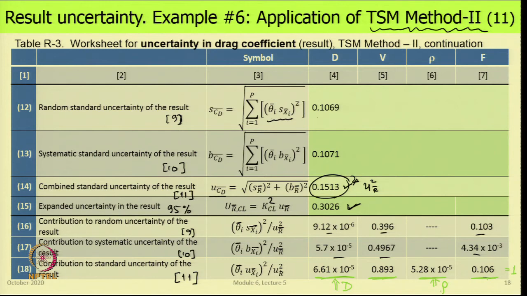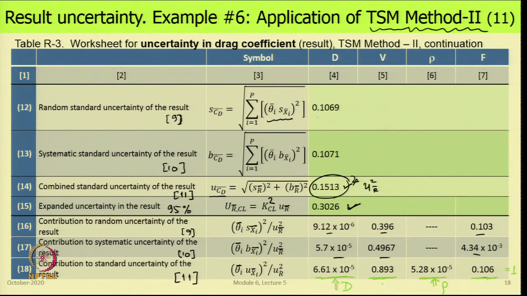The density uncertainty came because of uncertainty in the temperature, and it is telling us that uncertainties in these two parameters have almost no contribution to the drag coefficient. So we could quite justifiably neglect it, the answer will not be very much different.